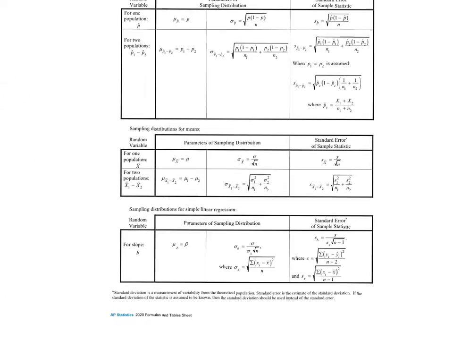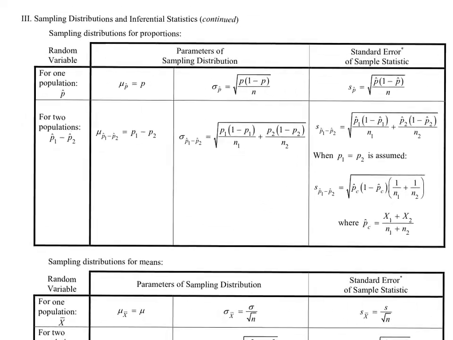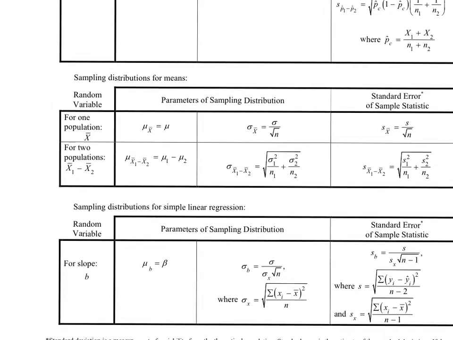So let's check our formula sheet. Remember, we were working with some proportions earlier, so we have stepped into this realm here, but let's move down to means, and here are the 2 populations. Let me highlight what I'm talking about. For 2 populations, we are thinking about all of these things here.